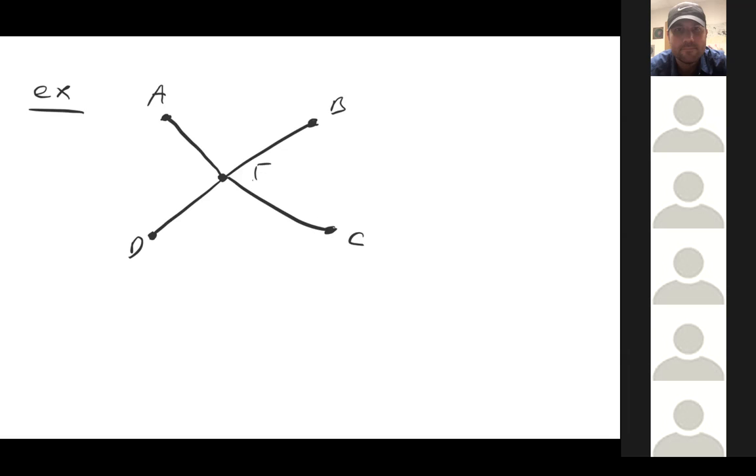I can get from any vertex to any other vertex with a path, so that sucker is connected. Are there any circuits? Meaning, if I start at B, A, E, D, or C, can I get back to it with a path? No, I cannot. As soon as I go here, I can't go back over the same thing I've already done. Can't retrace, right, for a path. Same with all of them. So this is a tree.